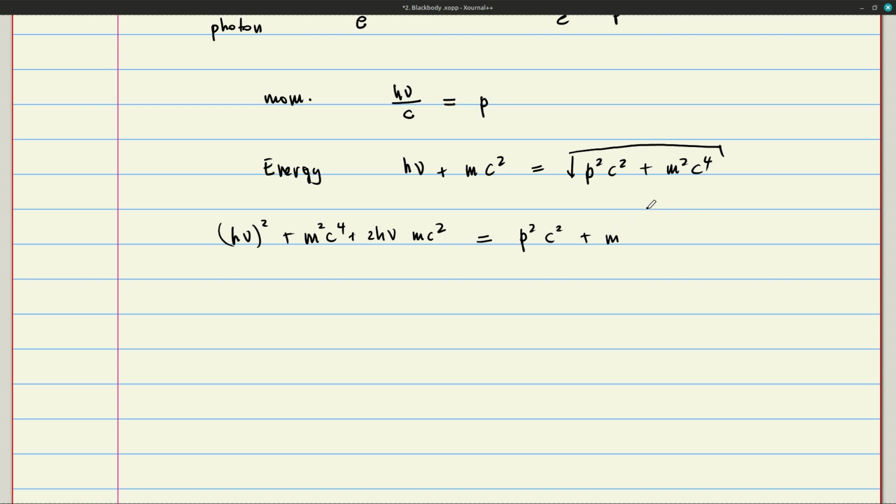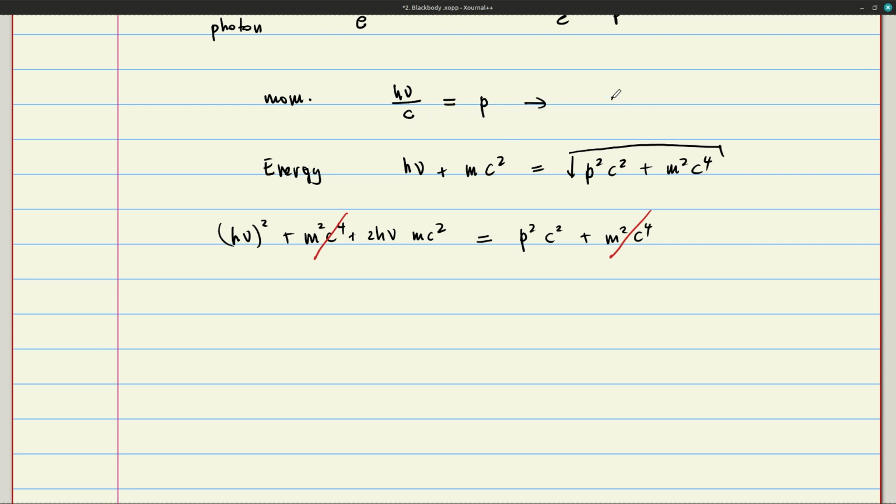On the right hand side, I have the square of the square root, which is p squared c squared plus m squared c to the fourth, and cancel this with this. And for p, I'm going to use this.